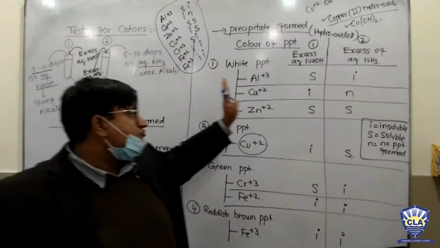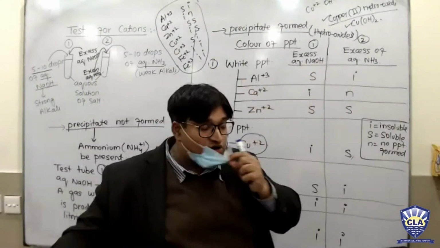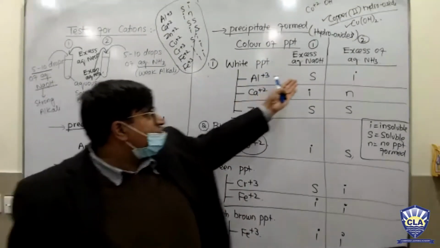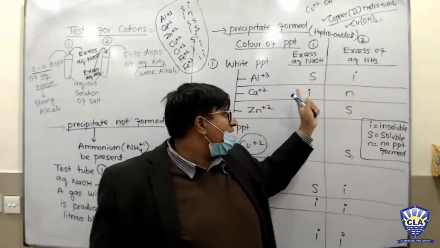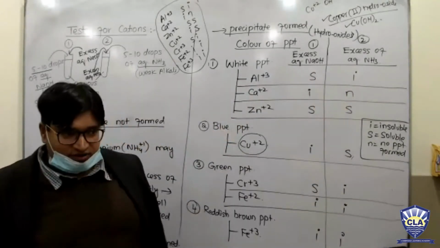Otherwise, if I write the whole thing that the white precipitate is soluble and so on, it is more difficult for you to learn. So S for soluble, I for insoluble, N for no precipitate formed.